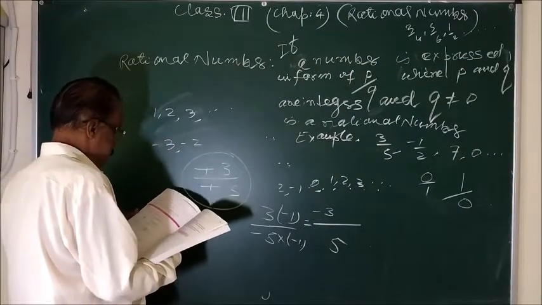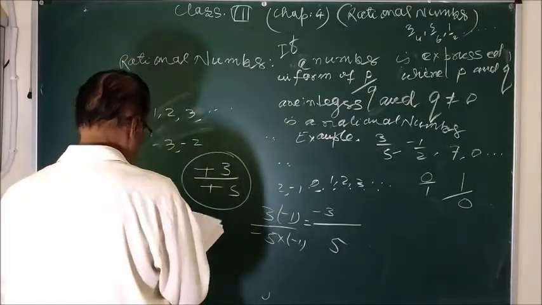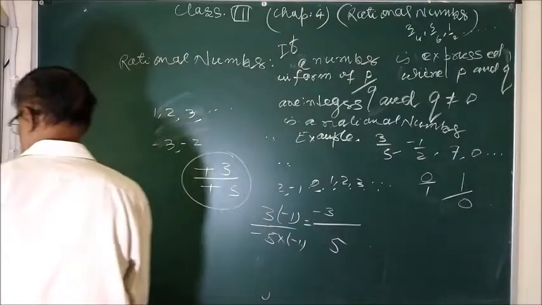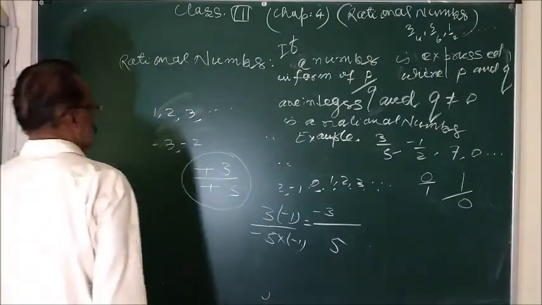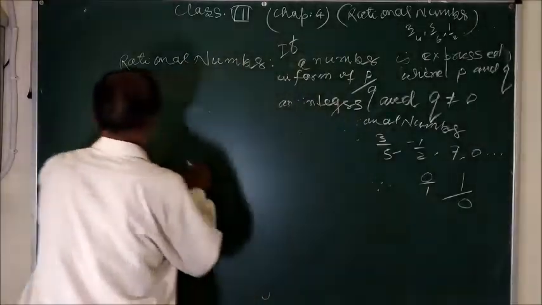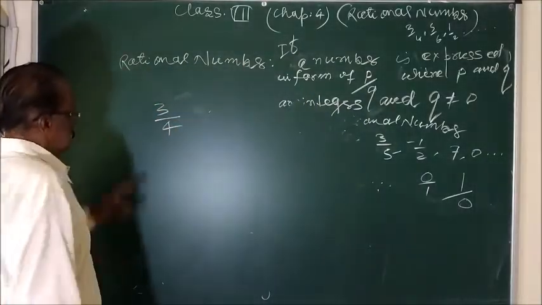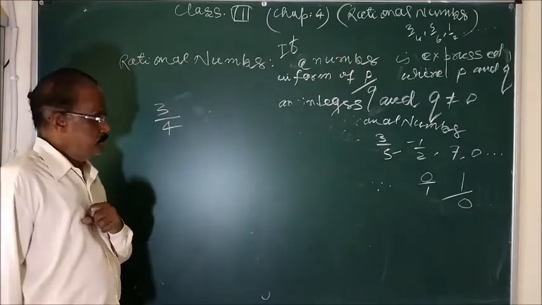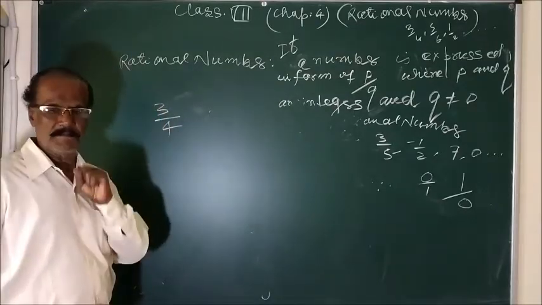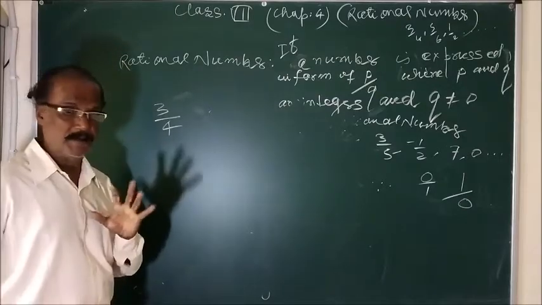Now you see the equivalent fractions of a given rational number or fraction. Suppose 3 by 4. 3 by 4 is a fraction, and 3 by 4 is a rational number. 3 is the numerator and 4 is the denominator.